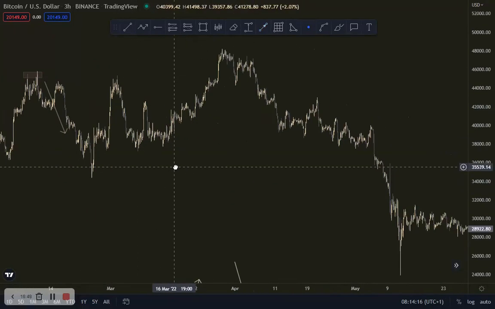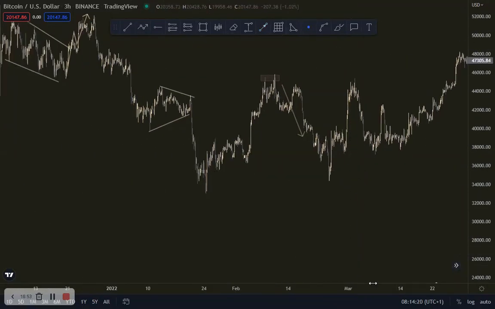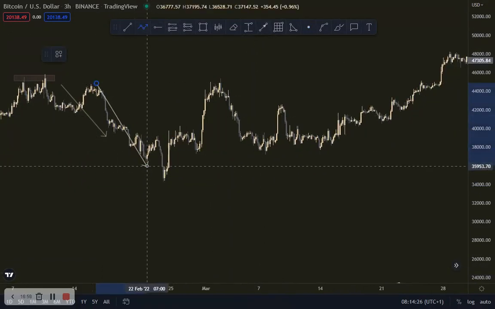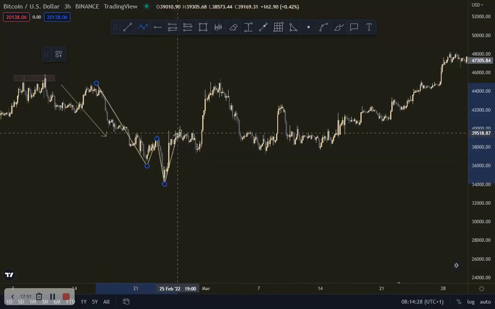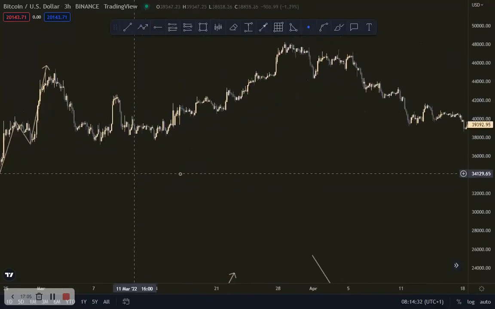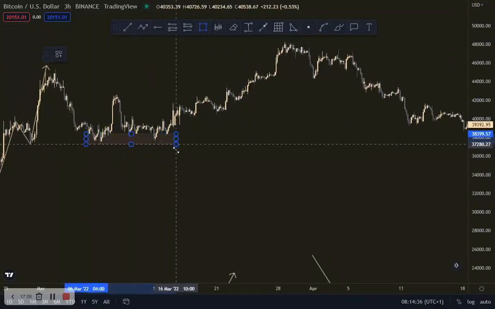We had an inverse head and shoulder: left shoulder, head, right shoulder. We had a double bottom here.